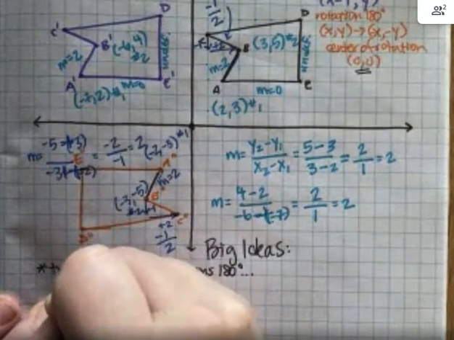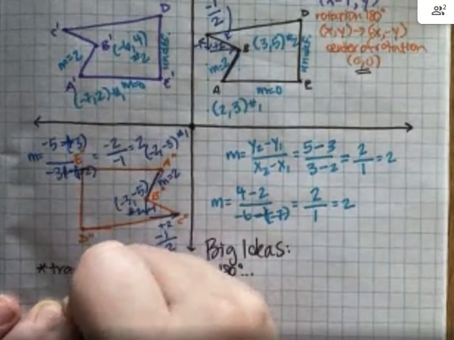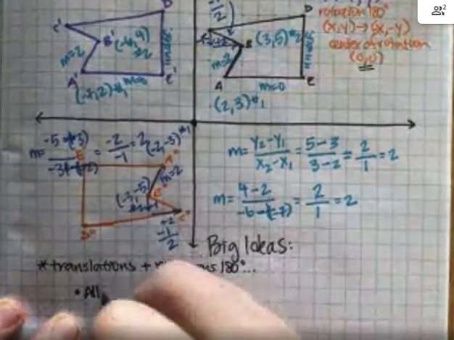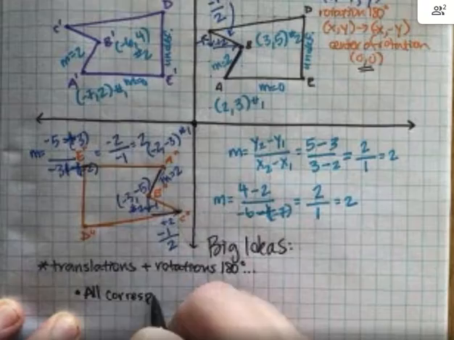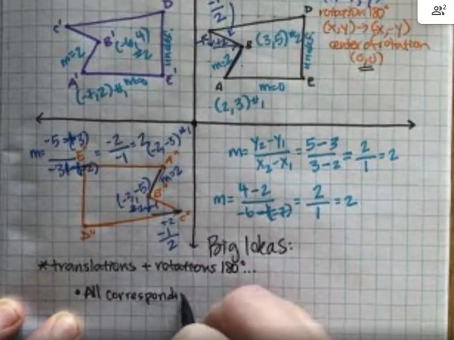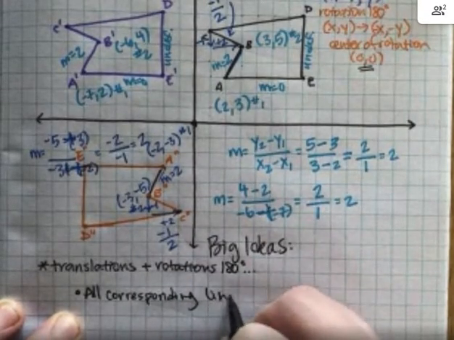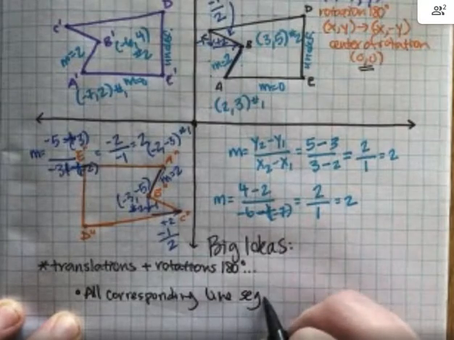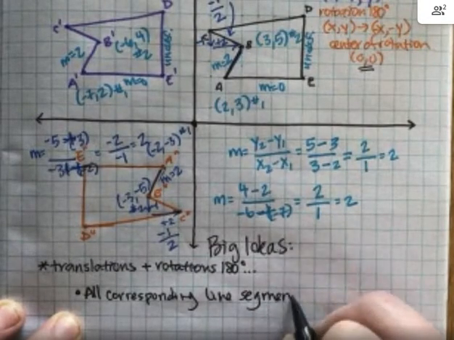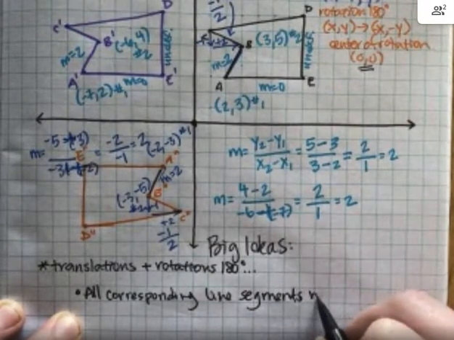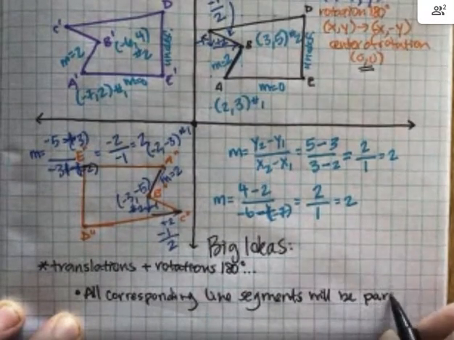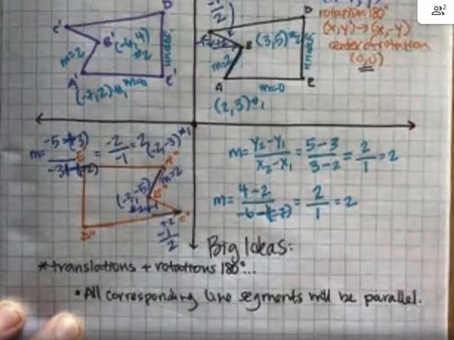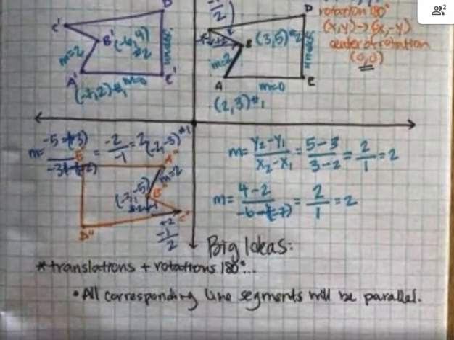So if we have a translation and if we have a rotation of 180 degrees, one big idea comes out of this, which is: all corresponding line segments will be parallel.